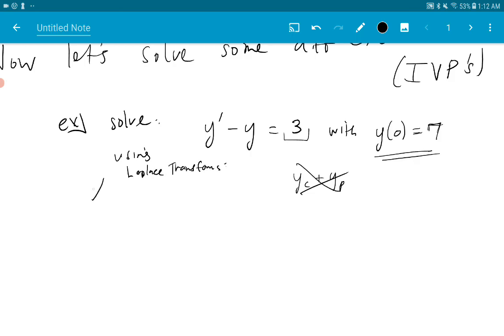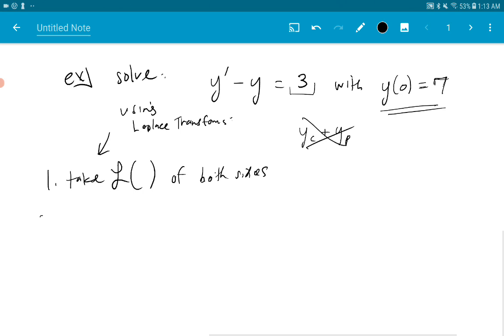And there's always 3 steps when you do this. 1, you take the Laplace transform of both sides of the equation. Second step, by rearranging, solve for the Laplace transform of y. Get it by itself.